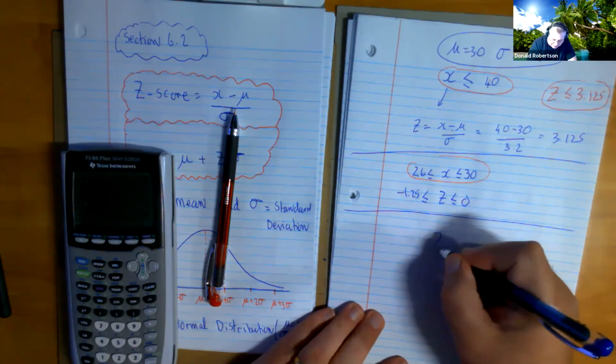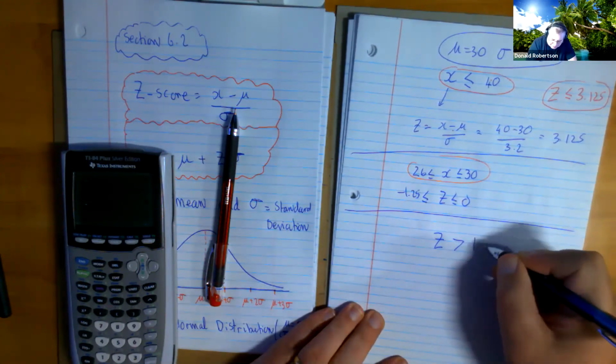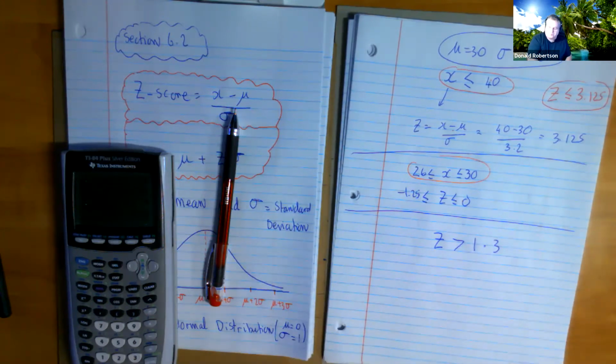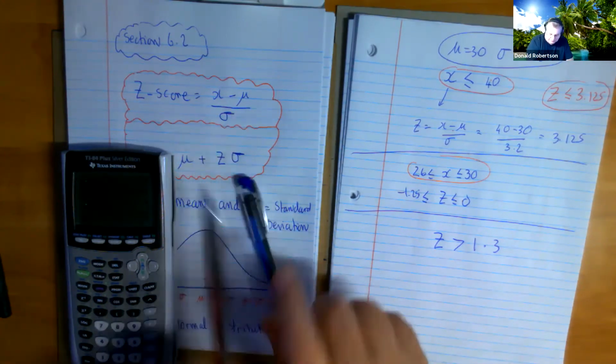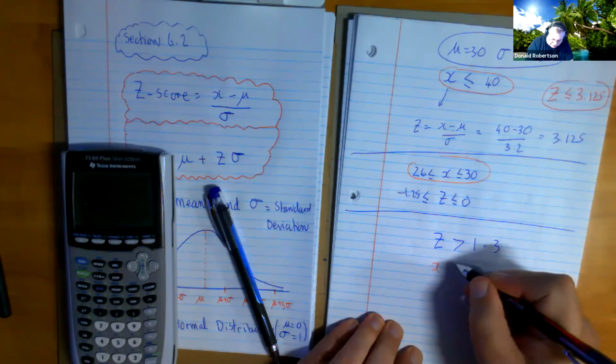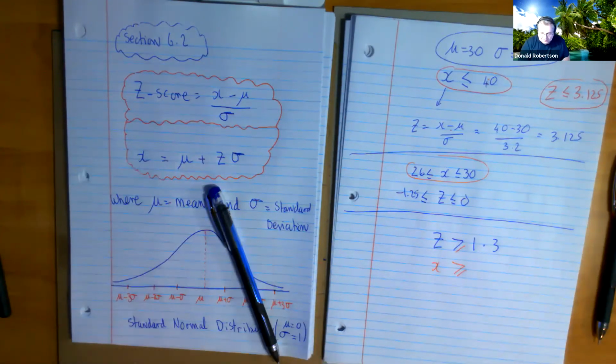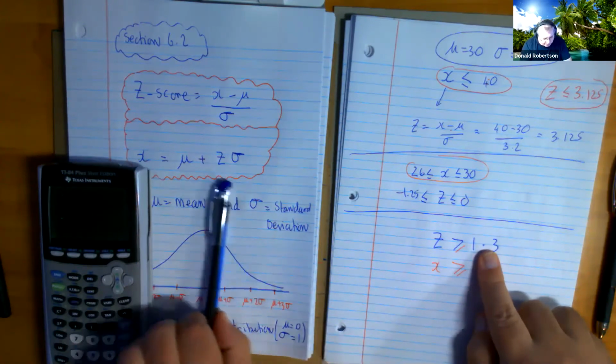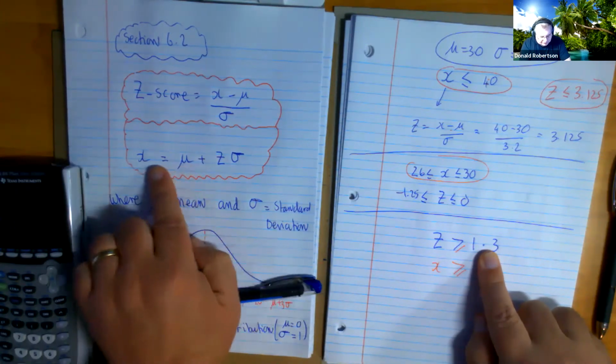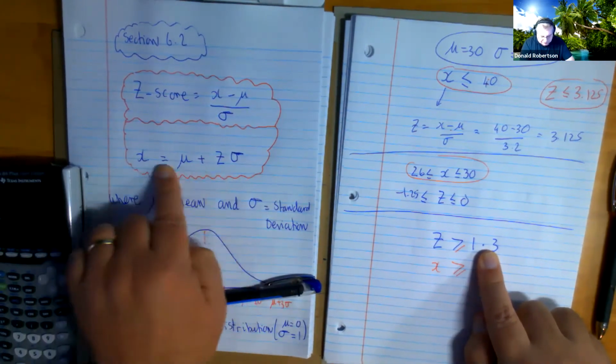Suppose you were being asked to find z greater than 1.3, for example. Now, that would become x greater than. You can have equals if you like. It doesn't change the calculation. Now, how do I get that? Well, it's this formula here that I'm going to use.